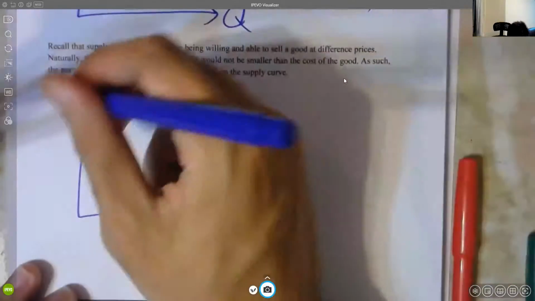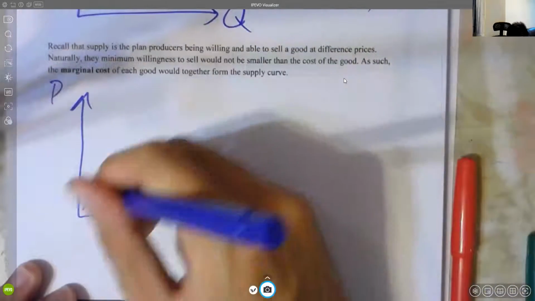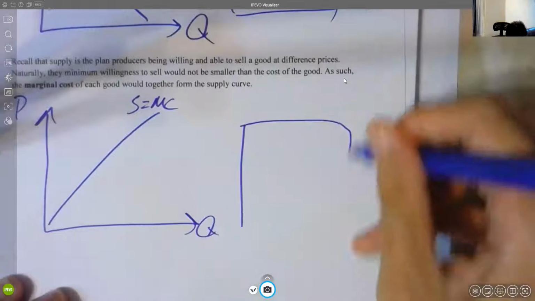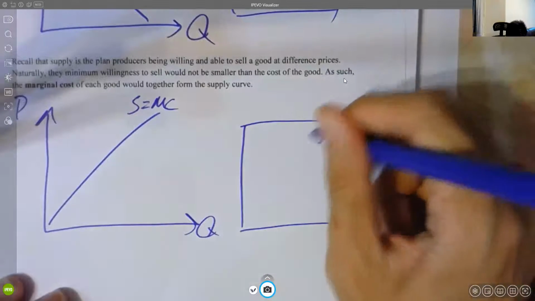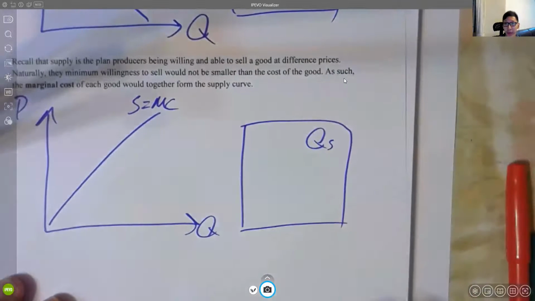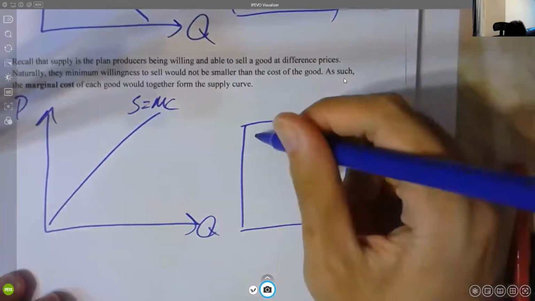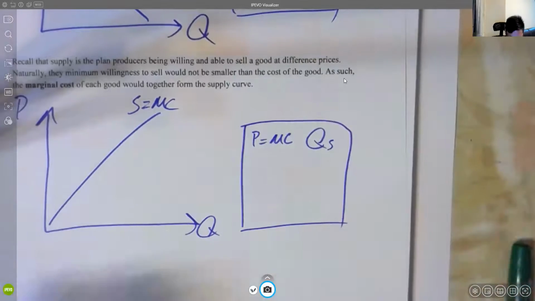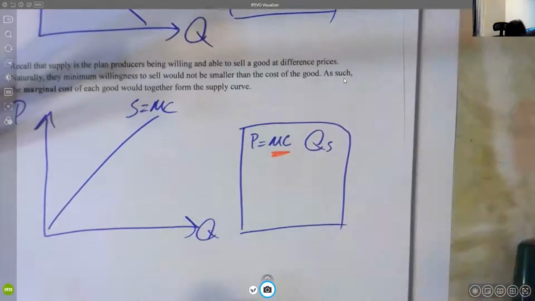Versus in another case, down here, our supply curve would be our MC curve. So in table form, it should look something like this. Of course, we have QS on one hand, and on the other hand we have a price, which for our purpose becomes a marginal cost.